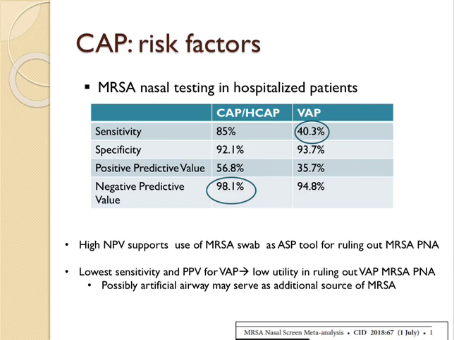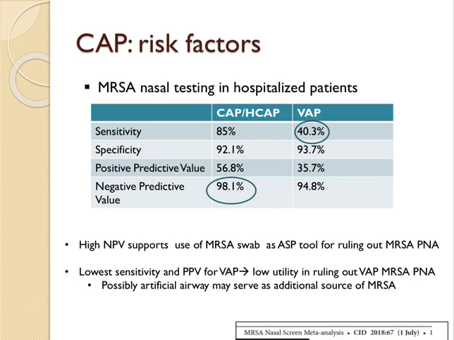What is important to remember is that in patients with ventilator-associated pneumonia, the sensitivity of MRSA nasal screen was pretty low, 40%. The conclusion that they made is that there is a low utility of using MRSA nasal screen in ruling out VAP MRSA pneumonia.